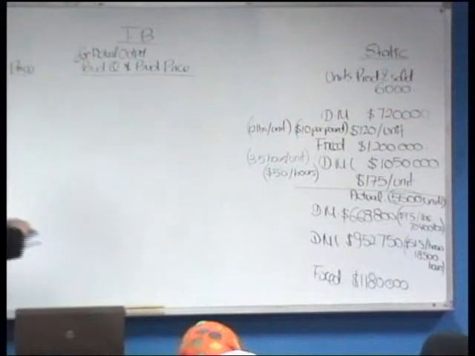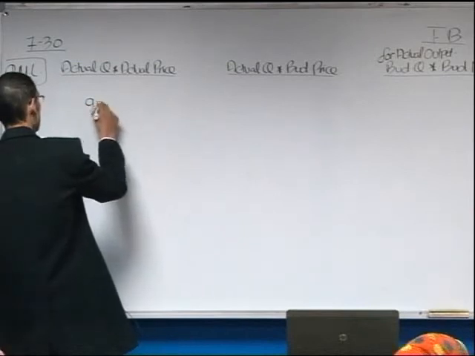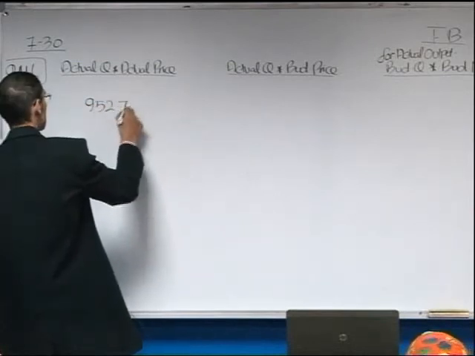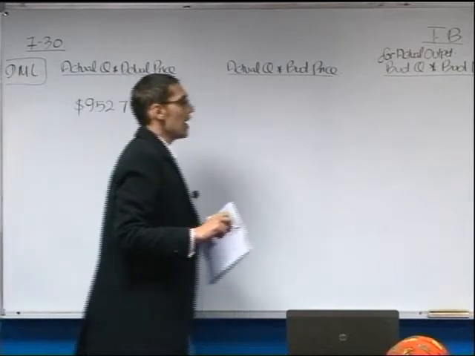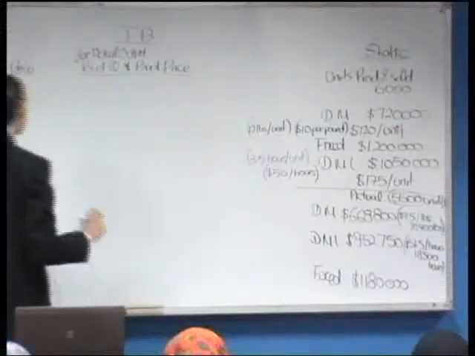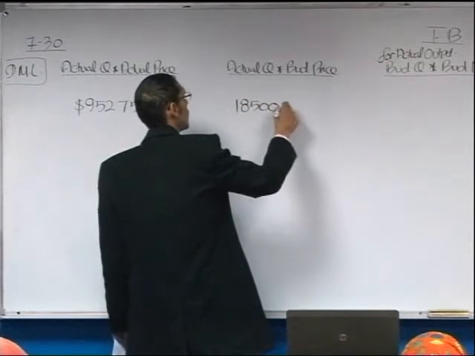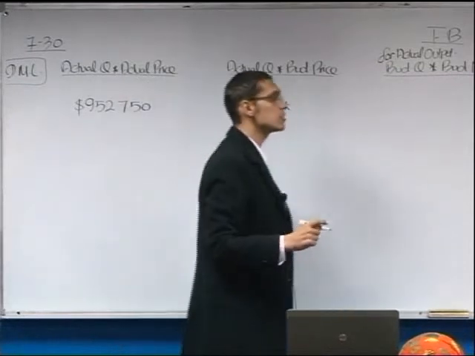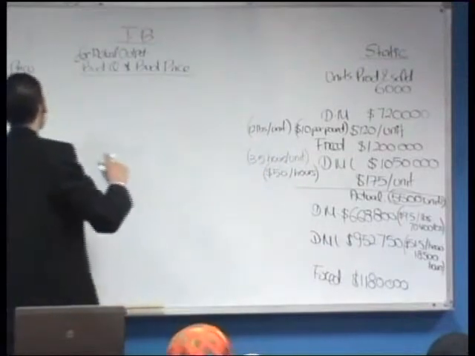This is according to the question. Therefore, the actual cost would be $952,750. The actual quantity, as we can see here, is 18,500 multiplied by the budgeted price, also as we can see from the question, of $50 per hour.